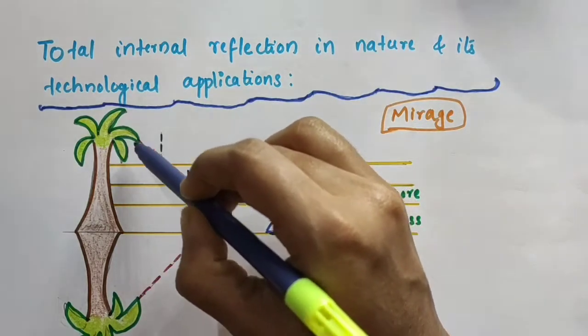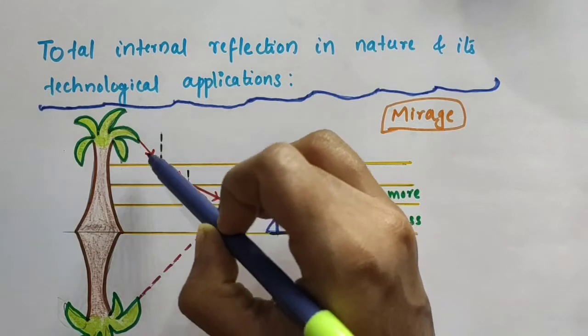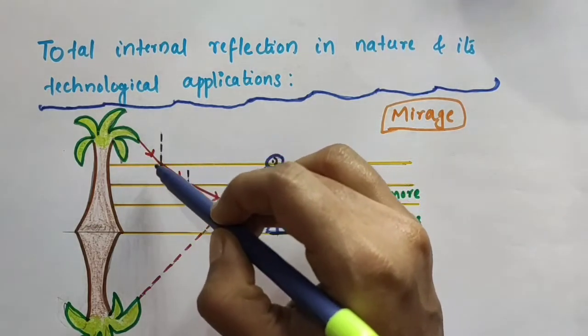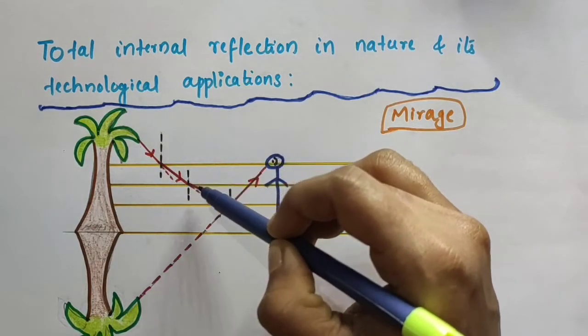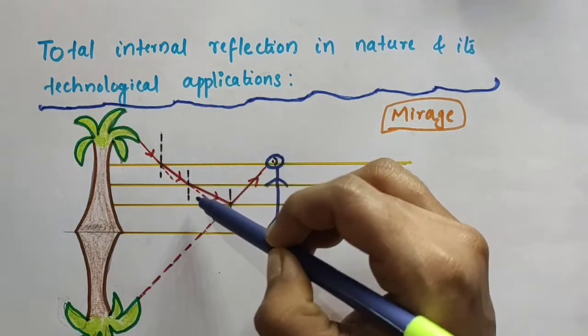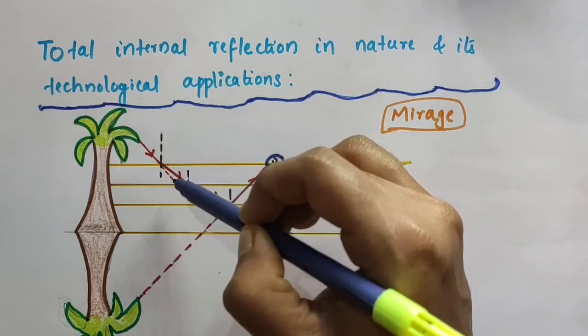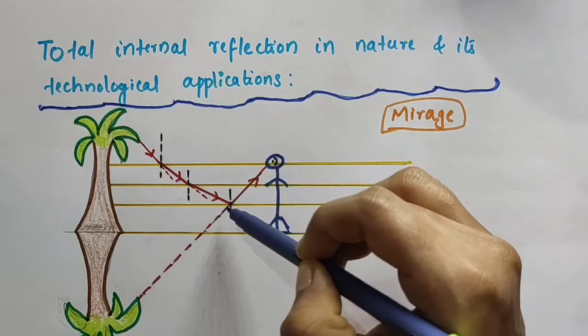This ray was supposed to go through this dotted line path, but refraction takes place, and it moves away from the normal. This one is the normal drawn at the point of incidence. Again, when this ray reaches here, this layer of air has less optical density than this layer, so the ray is again traveling from an optically denser medium to a rarer medium, and again it moves away from the normal.